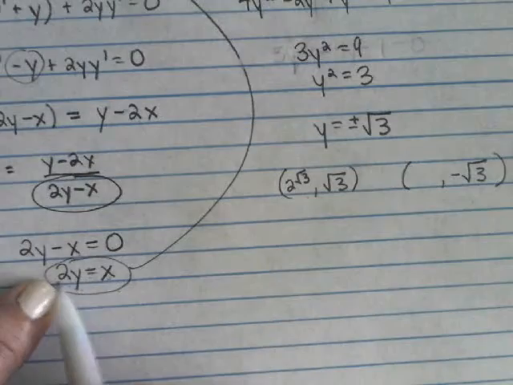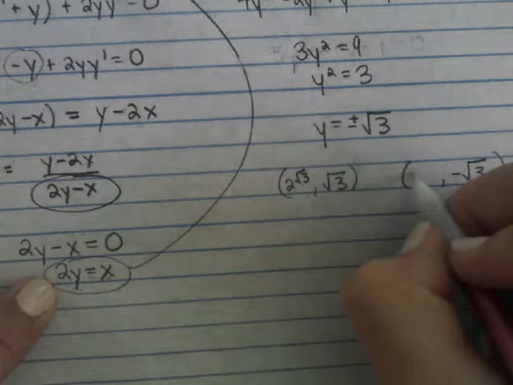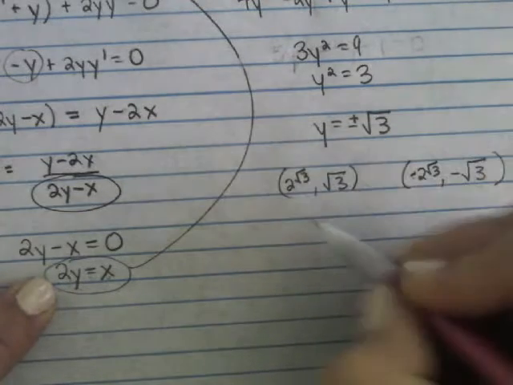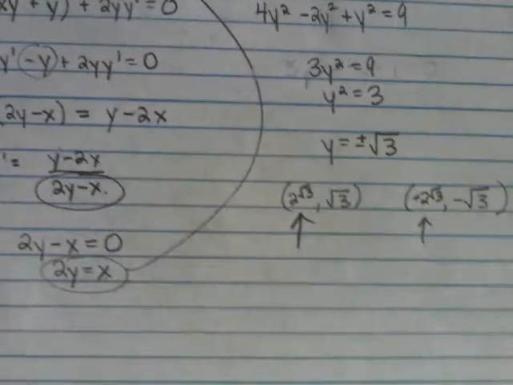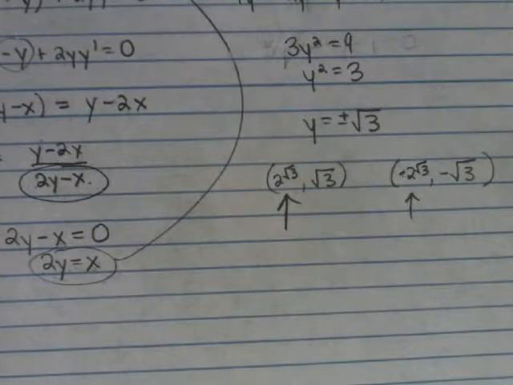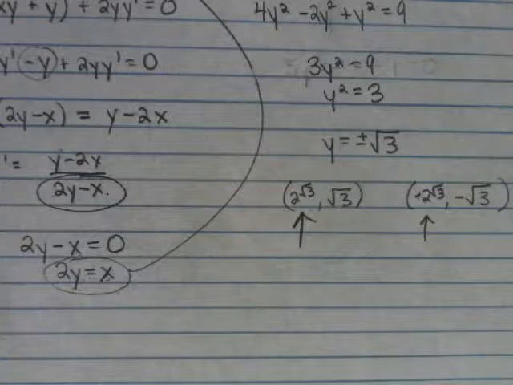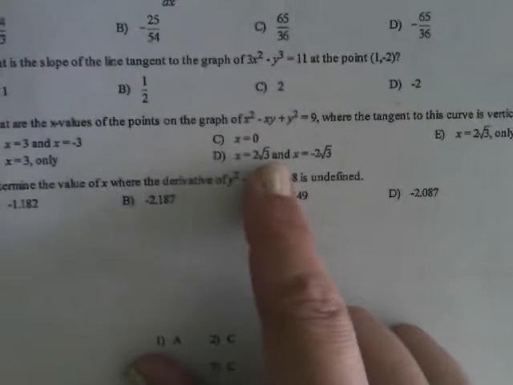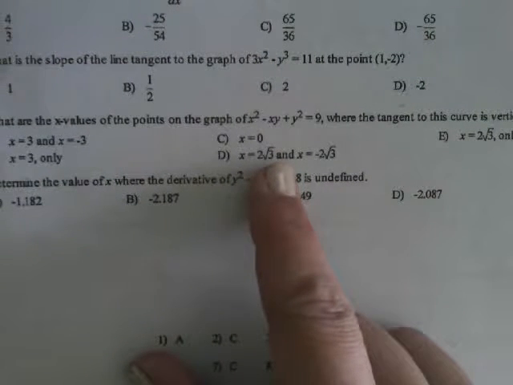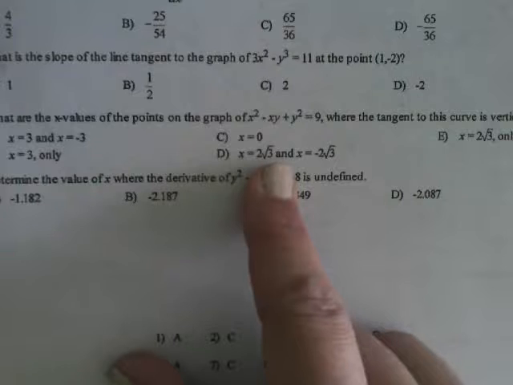So the x values at which we have a vertical tangent line are 2 root 3 and negative 2 root 3, which is option D. Good? Can we follow all that? Yes. Okay?